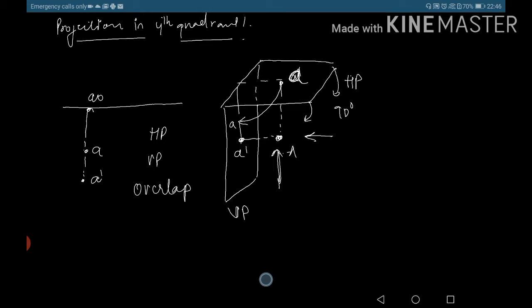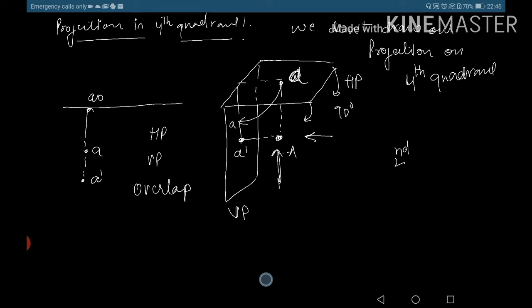So again we rarely draw our projection in the fourth quadrant, as both the planes come on the same side. So what is the difference between the second and fourth quadrant?